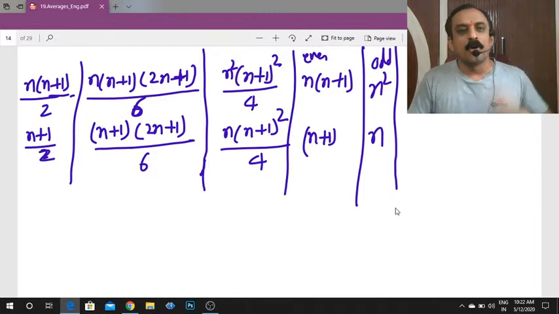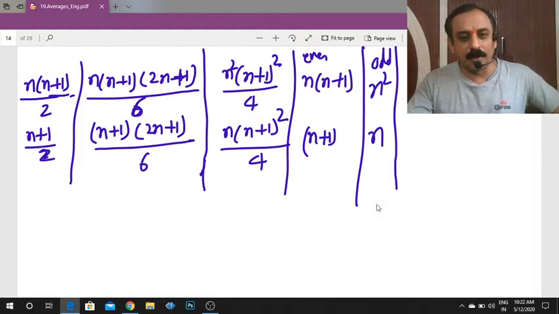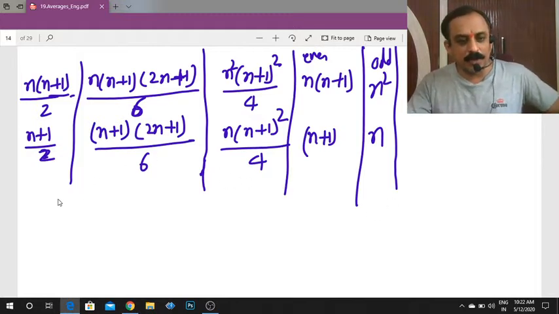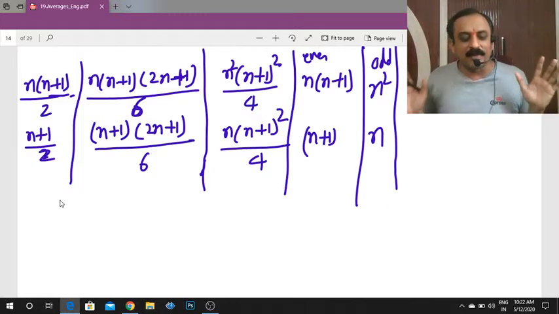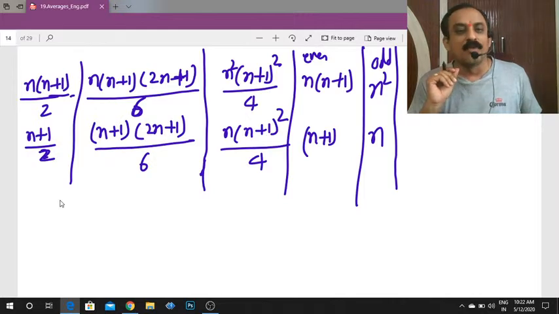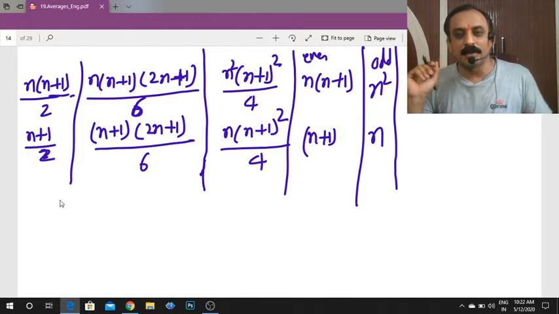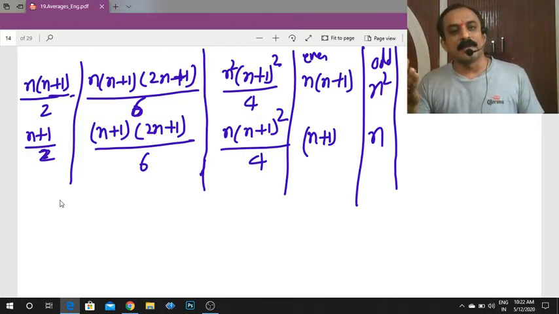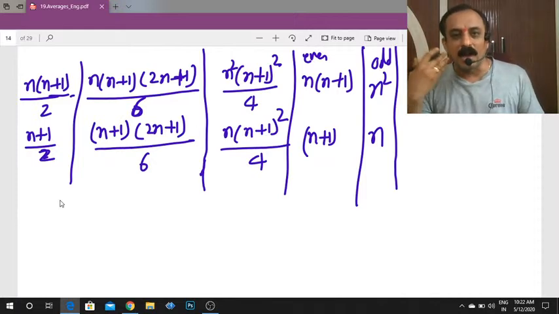At present, only arithmetic progression is important. What is an arithmetic progression? If there is a common difference, then that series is known as an arithmetic progression. For example, take natural numbers.